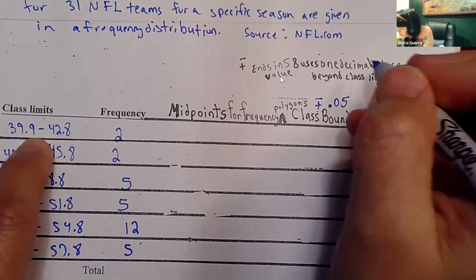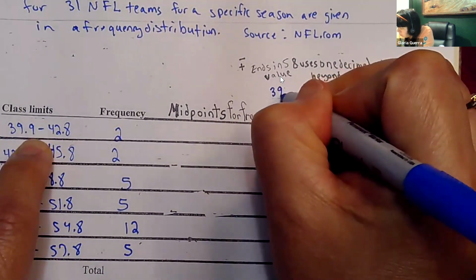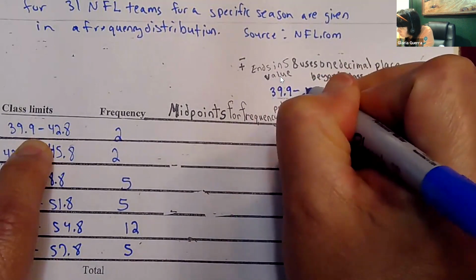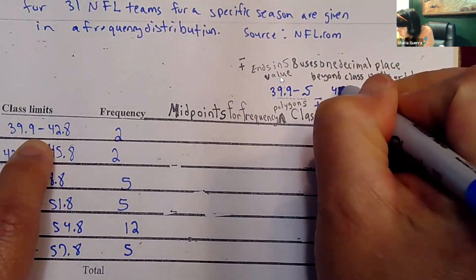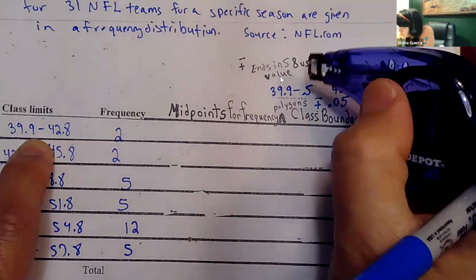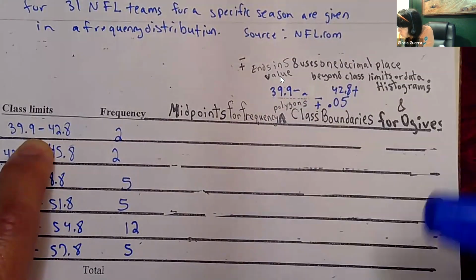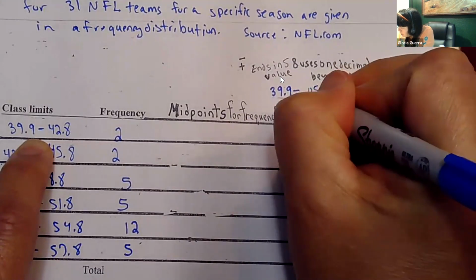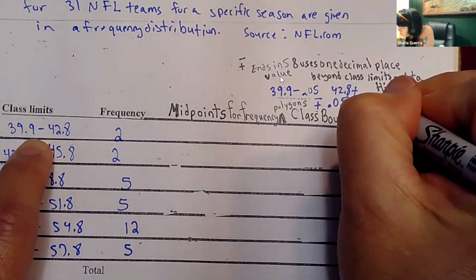Then when I calculate that, that's going to be 39.9 minus 0.05, and then 42.8 plus 0.05.